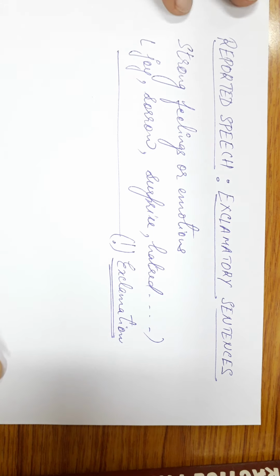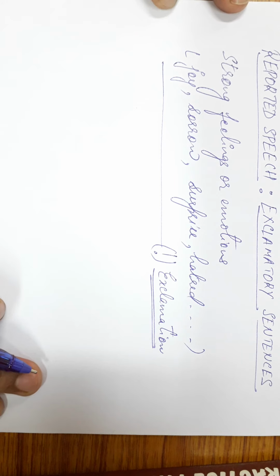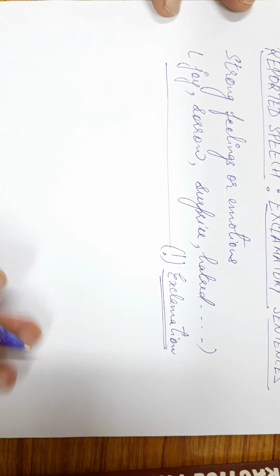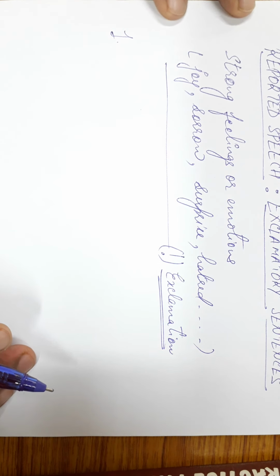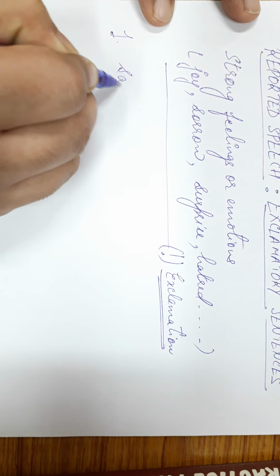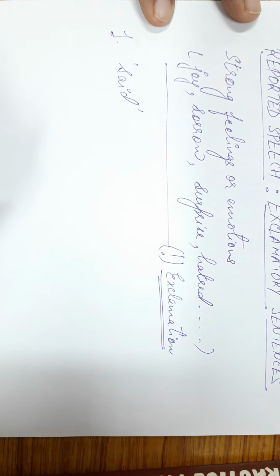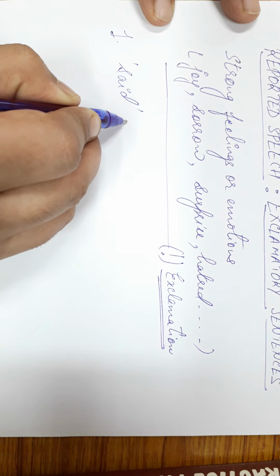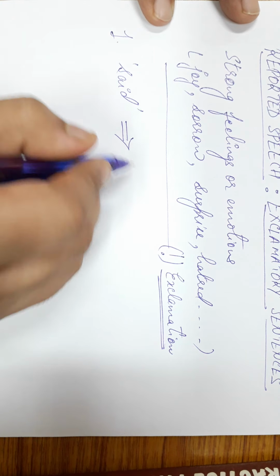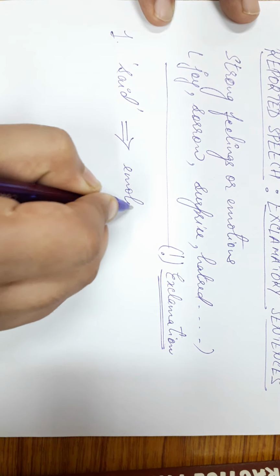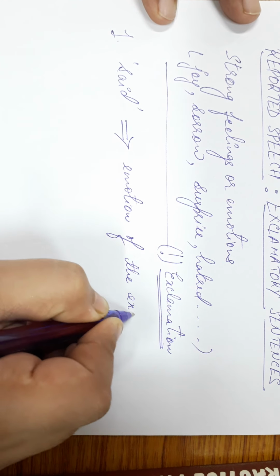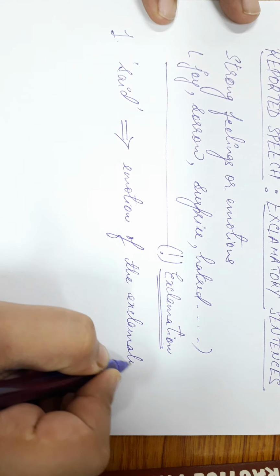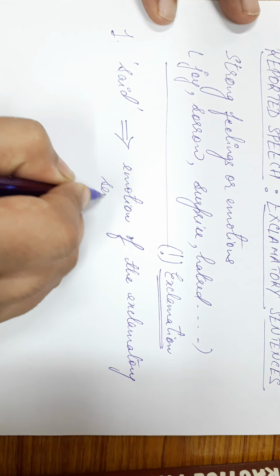There are certain things that we keep in mind while we convert exclamatory sentences from direct speech to indirect speech. Number one, the reporting verb said that we have is changed according to the emotion of the exclamatory sentence.